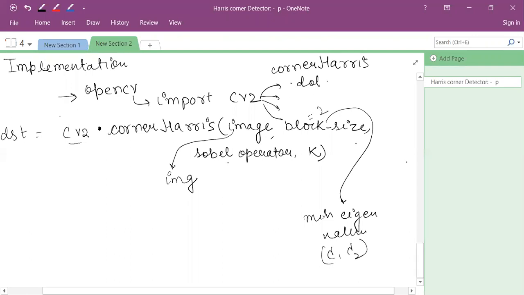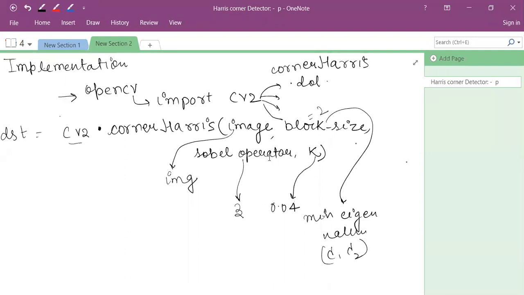Now the default Sobel operator value, because it uses the Gaussian filter for blurring of the images, you have to pass 3 there, and the free parameter K, the value is 0.04. So you call this function, and the corners of the images can be detected automatically. I will show the code also.